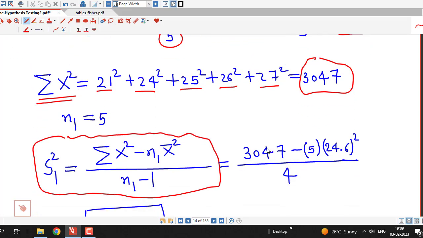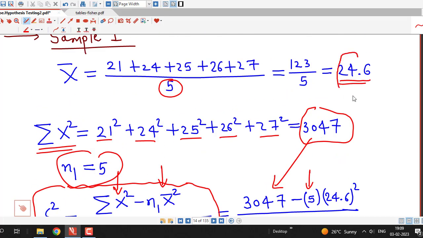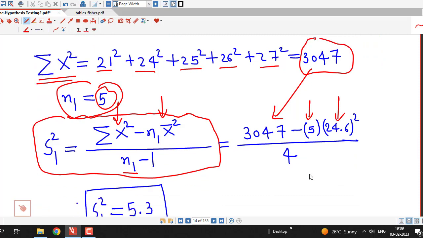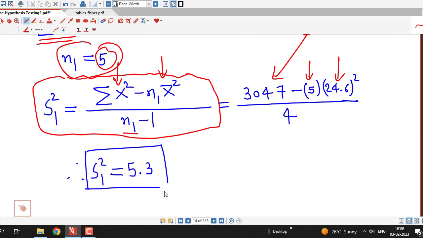And now we have all these things which are required to calculate sample variance. We substitute all those things in this formula. Sigma x square is 3047, sample size n1 is 5, sample mean x bar is 24.6 whole square, and divided by n1 minus 1, which is 4. And using this formula we find that sample variance for first sample is 5.3.